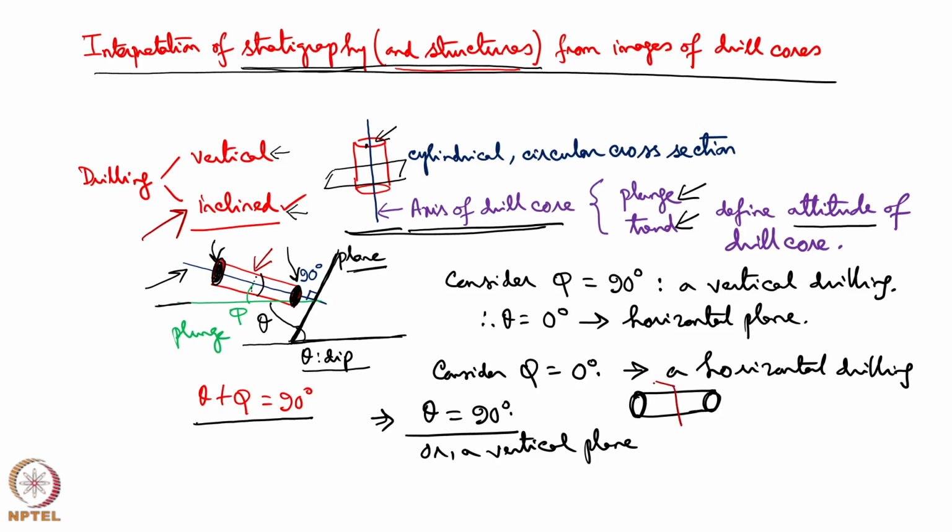Such as this. This vertical plane will intersect with a horizontal drill core, making a circular cross section. A circular cross section made on a drill core does not guarantee that the plane of intersection is horizontal.